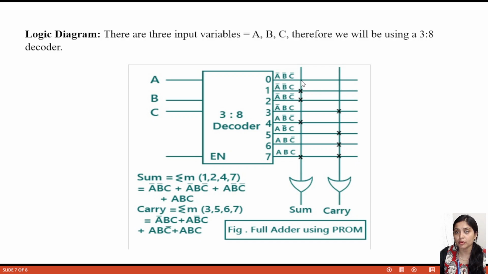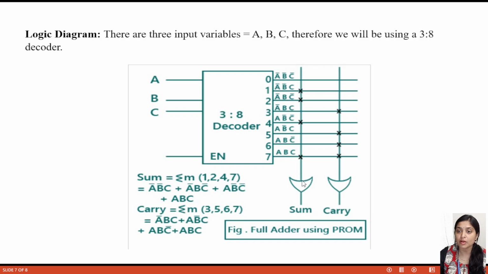We will extend this horizontal line in this way, and there are 2 outputs, sum and carry. So we will make 2 vertical lines, and also 2 OR gates are needed. One is for sum and one is for carry. Now we have to make a connection.